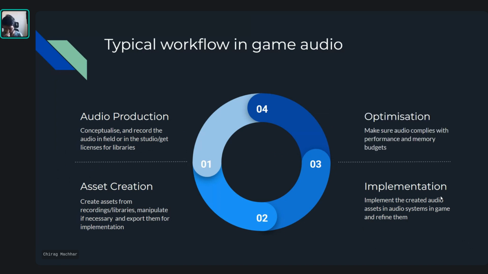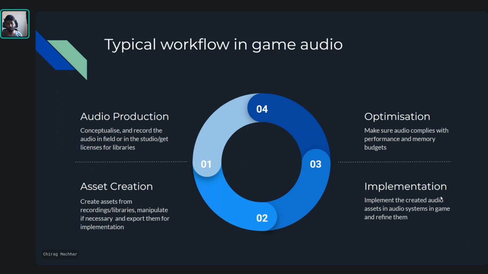And then the last and final one is optimization. So making sure your audio complies with the performance and memory budgets of the game. An audio team would usually be allotted a particular runtime budget.